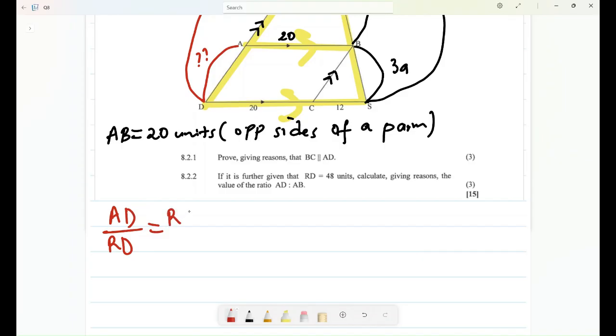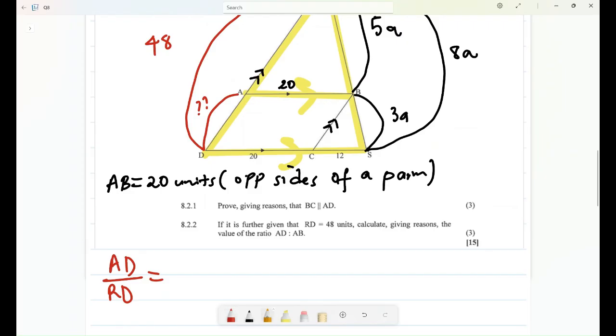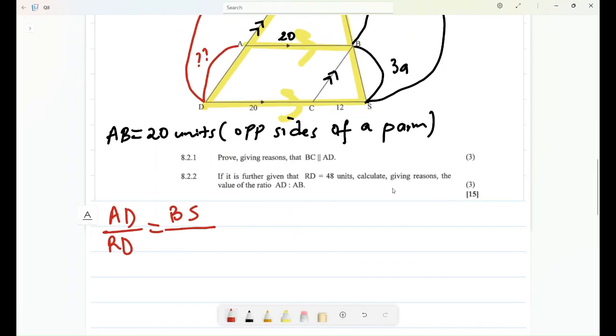If I start with AD, the small one, I should also start with the small one on the other side, which is BS, then follow with the longer one, RS.